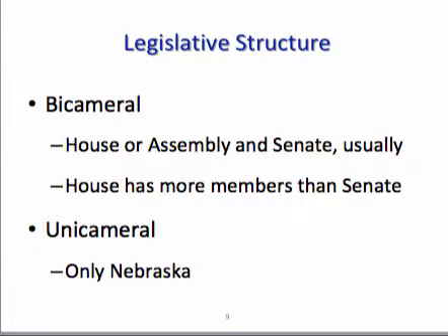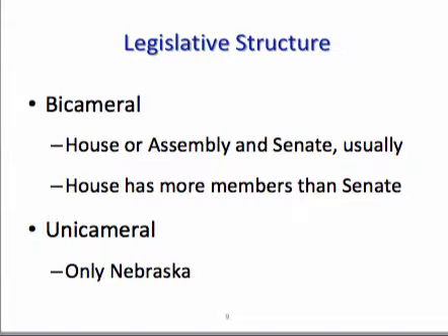In general, legislatures are bicameral. That means two chambers, literally two chambers, right? So there's a House of Delegates and a state Senate, for example. These might have all sorts of different names. It varies from state to state, right?